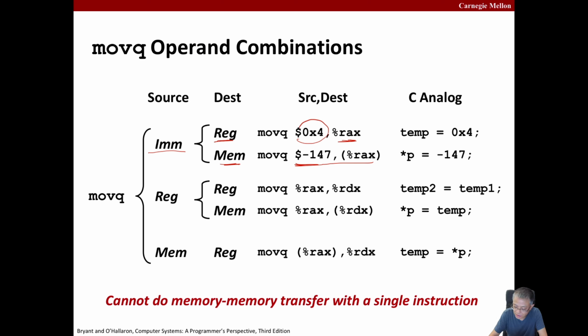Assume that RAX points to the variable p, then this will be equivalent to this C code. So you basically put this number to the address pointed to by RAX.